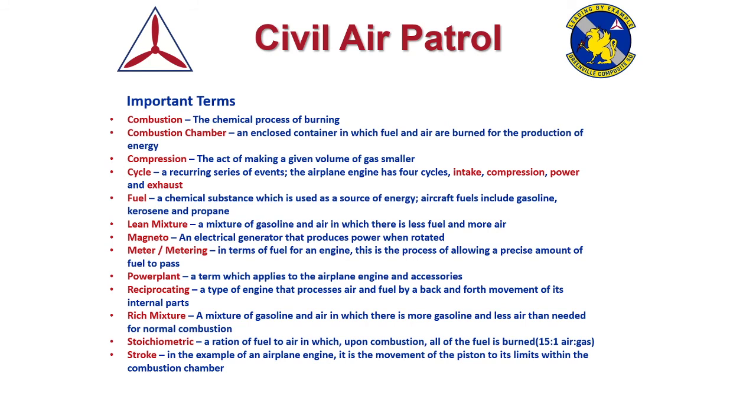We talked about that. Magnetos, we talked about the little generator that produces the spark. And then the metering, we talked about the carburetor and how that meters the amount of fuel that gets mixed into the air. The power plant, we said, was the whole airplane engine and its accessories. Reciprocating engines get their name because there's a back and forth movement of the internal parts. And then we already talked about rich mixture.